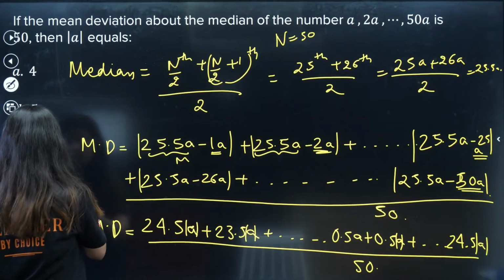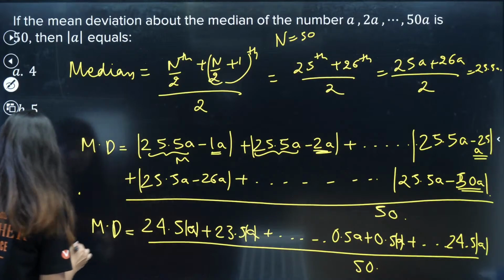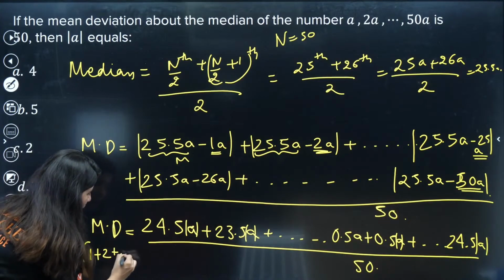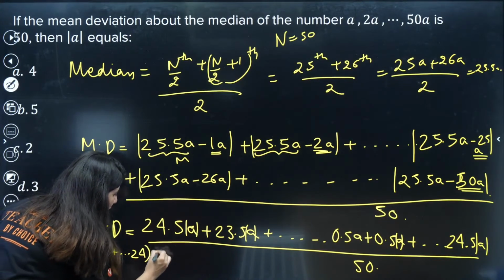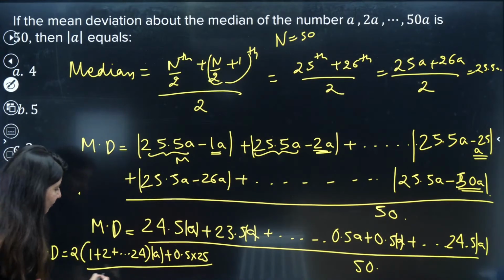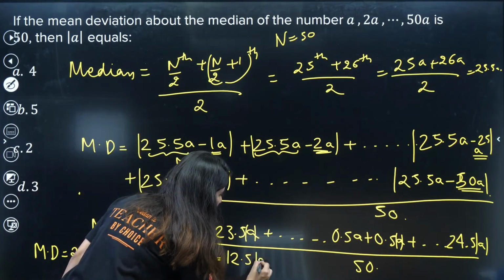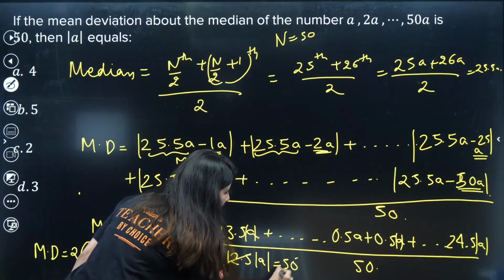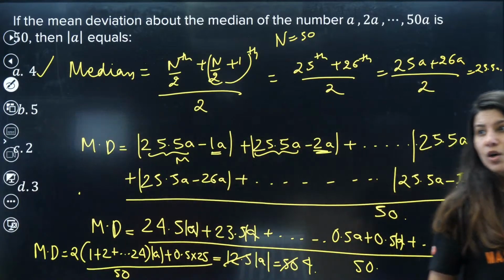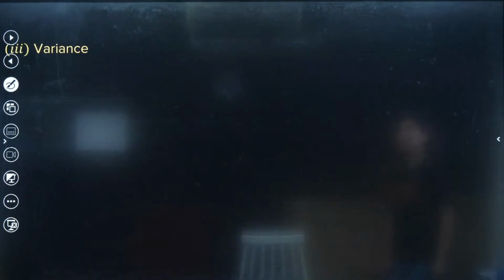So the mean deviation would be twice 1 plus 2 all the way up to 24 times mod A, and 0.5 is appearing 25 times, whole upon 50. That's it. The moment you solve it, you will get 12.5 modulus A, and this is 50. So this is 4. 4 is the correct answer. Not that difficult. This was the question.